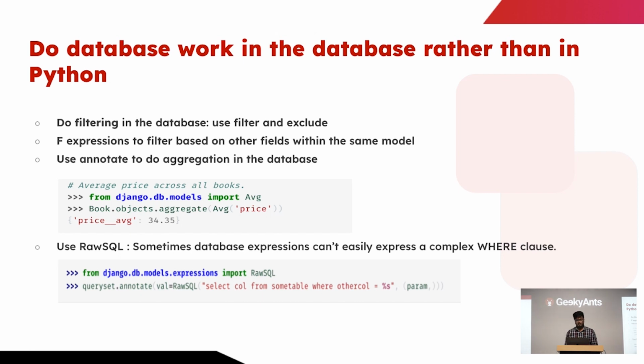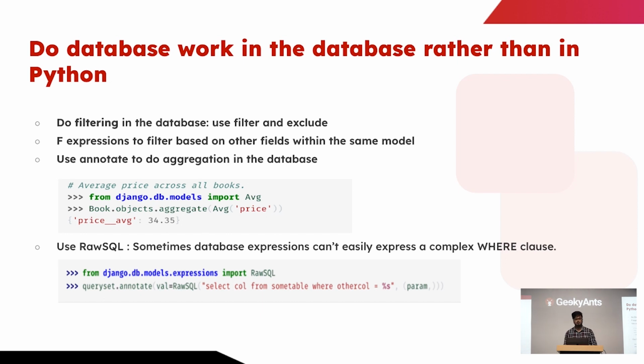So there are a number of things that you can do. The first thing is pretty obvious: use filter and exclude, the most commonly used database ORM functions. You filter based on what you need. Exclude is the opposite of filter, so you can leave out things that you don't need. The second thing is F expressions.